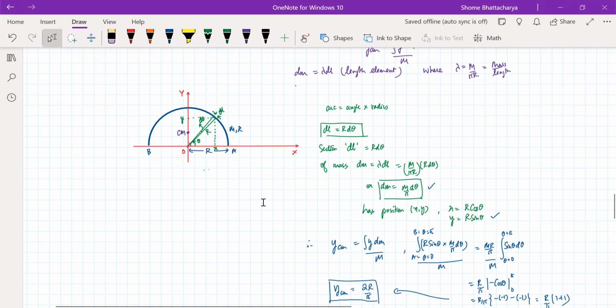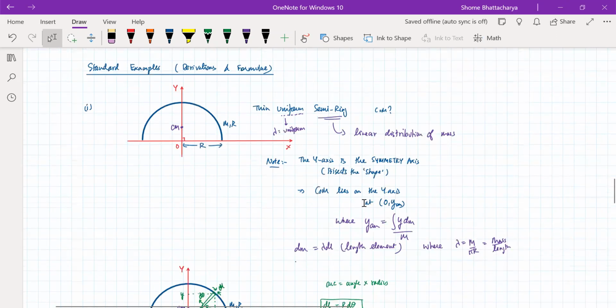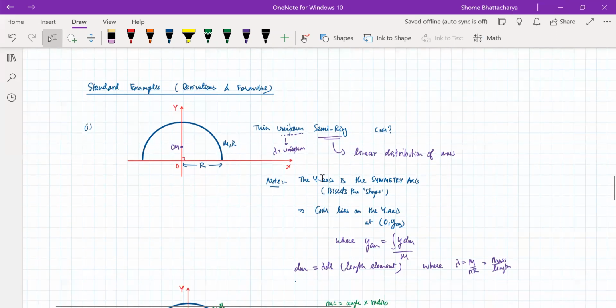So now to find the y coordinate of the center of mass, because we know the y axis is the axis of symmetry, okay, that we've already understood here. So the center of mass lies on the y axis.